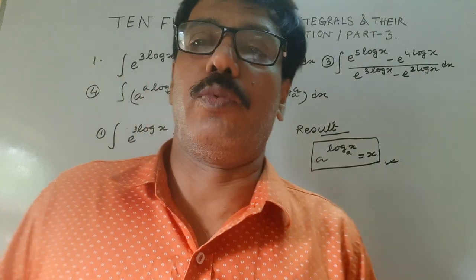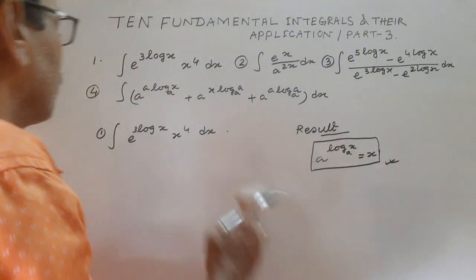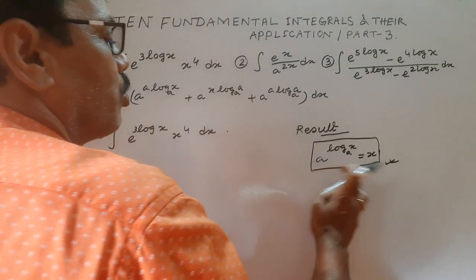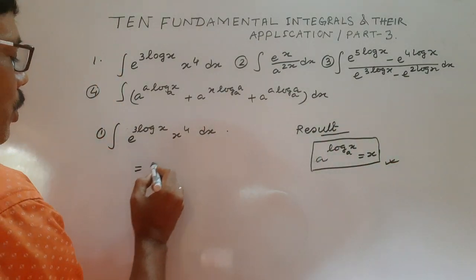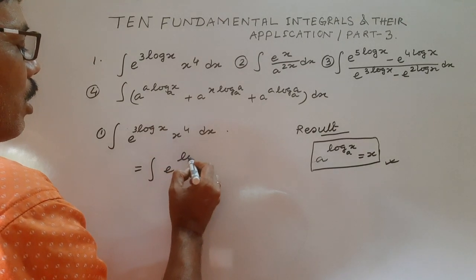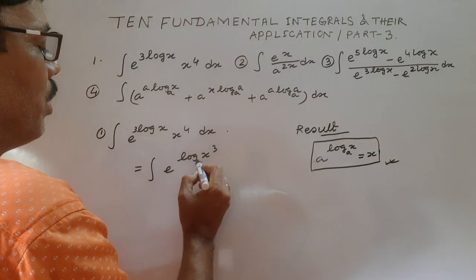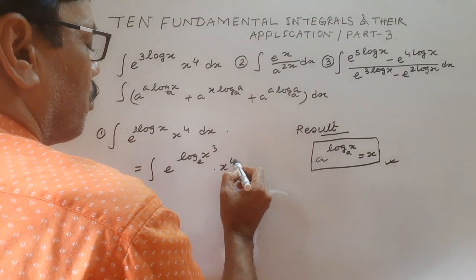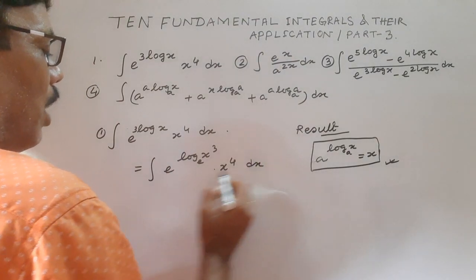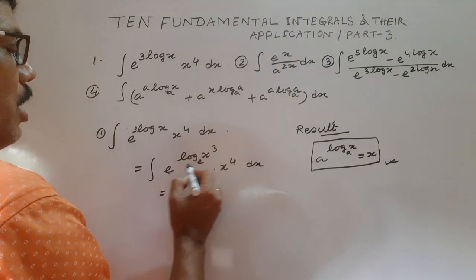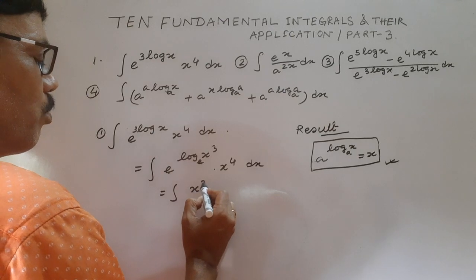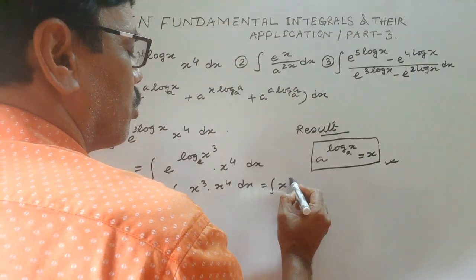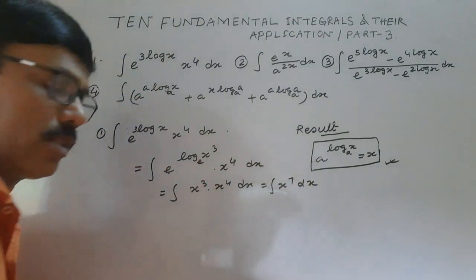So our main aim will be to express e to the power this in simplest form using this result. So e to the power log x cube, obviously base is e, times x to the power 4. So this is x cube into x to the power 4 dx, so x to the power 7 dx.